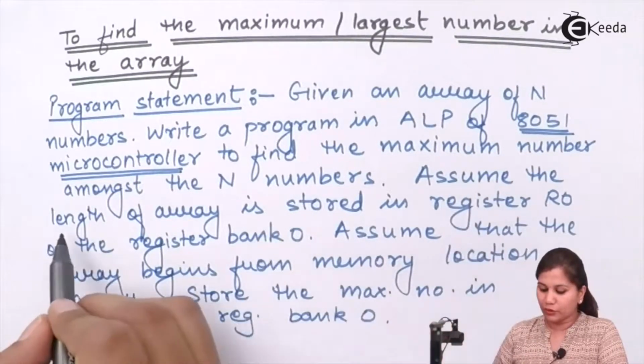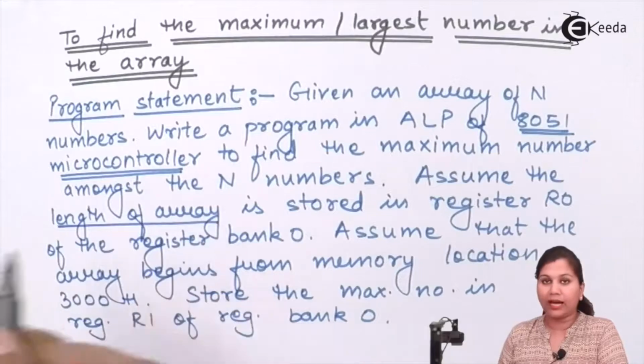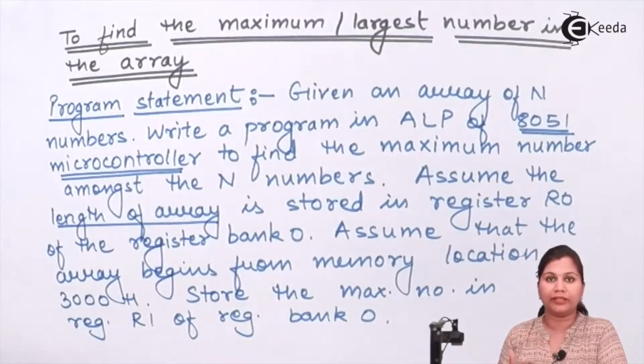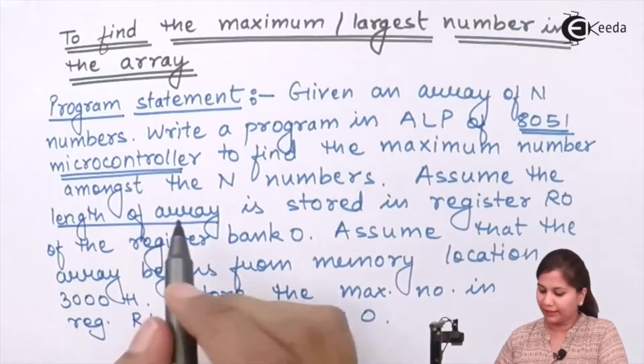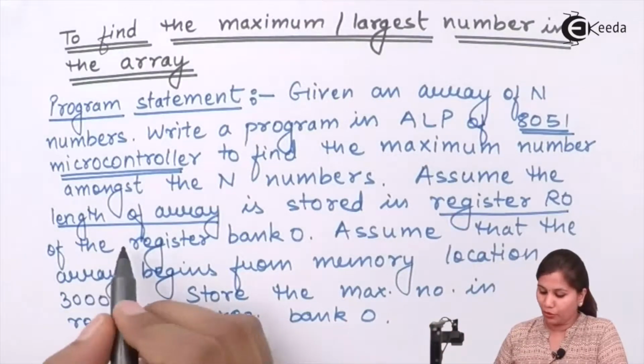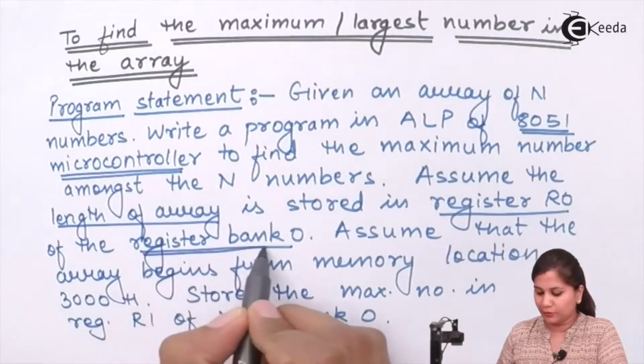Now we have to assume that the length of the array, that is, how many numbers are present in that array, whether 10, 15, 20, or 25, is stored in the register R0 of register bank 0.